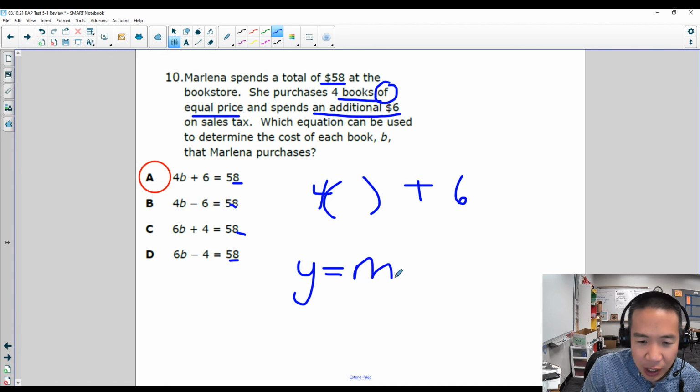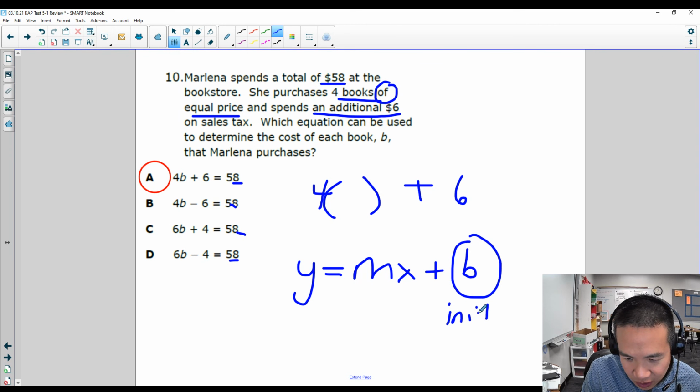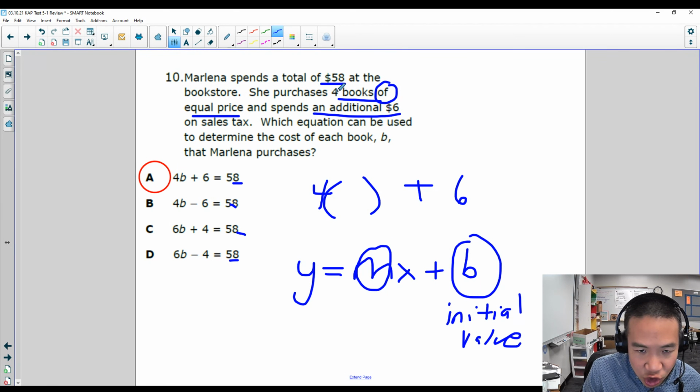Do you remember a month ago we learned this formula called y equals mx plus b? b is the initial, the starting value. So we start with $6. This m is the rate of change, so it's changing by 4 for every book.